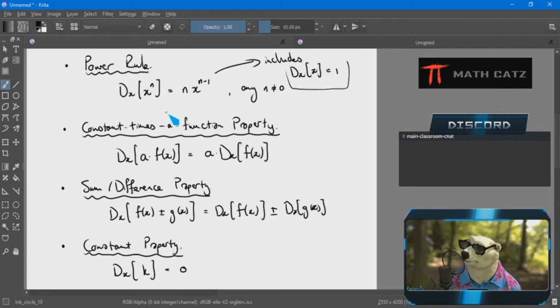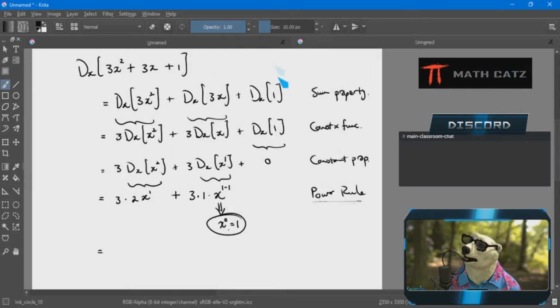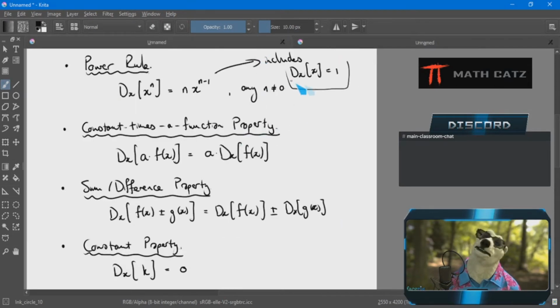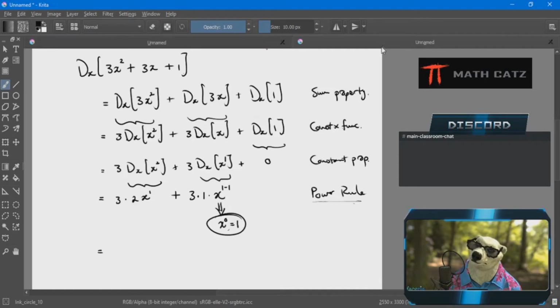It looks weird. It does technically fit in the power rule. It is the power rule that I'm using. But when I try and remember that the derivative of X is 1, it's useful to remember as a separate property. Let me make that very clear. The way I structure things in my head to help me remember, I have the derivative of X as a separate special property. But it's not. It is a part of the power rule.